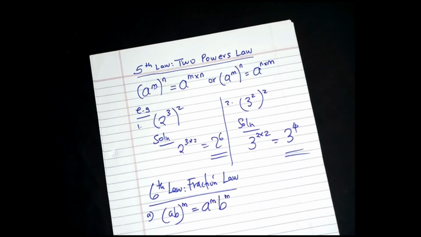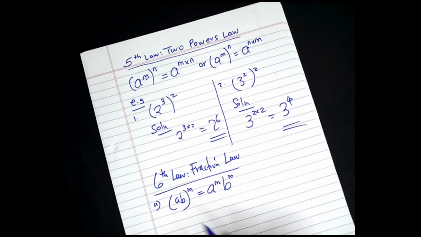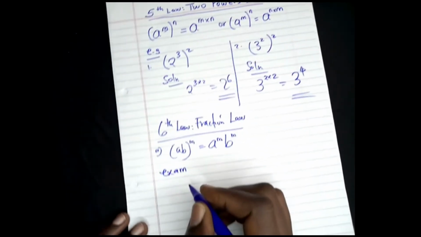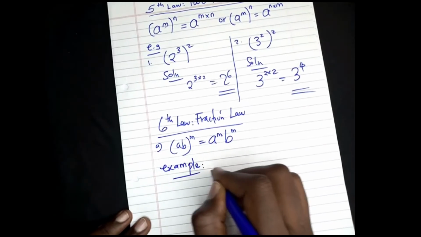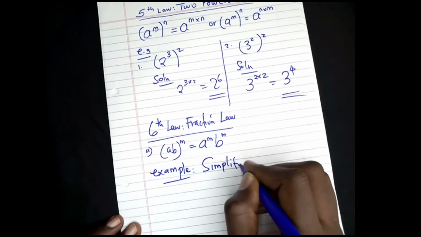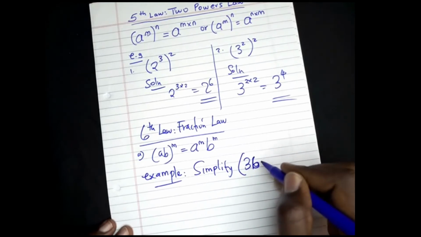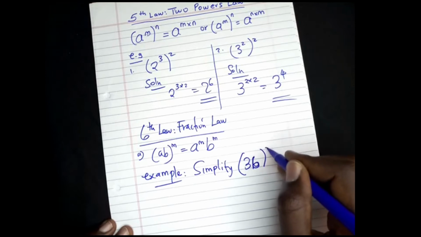And what we say in this first part of the fraction law is that if a product, the product of a and b, is raised to a given power, each of the factors is raised to the same power. Let us look at an example. Simplify 3b to power 2.